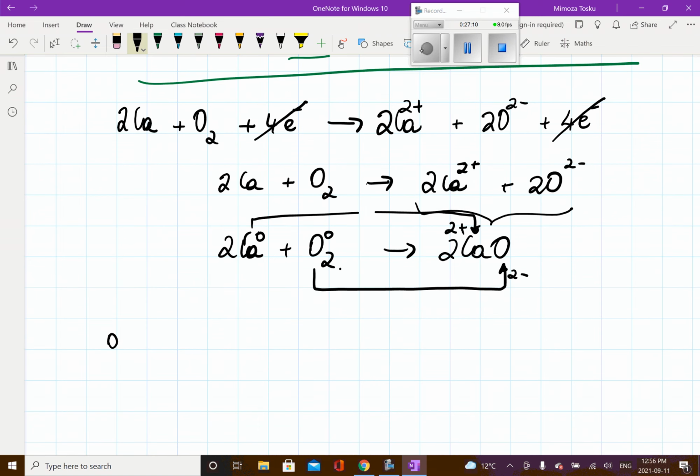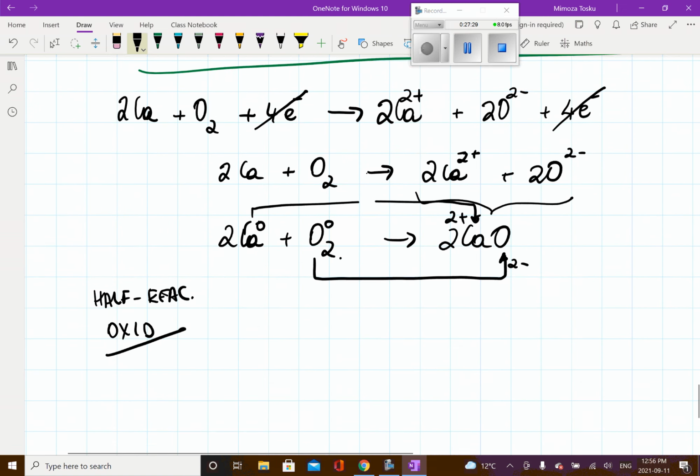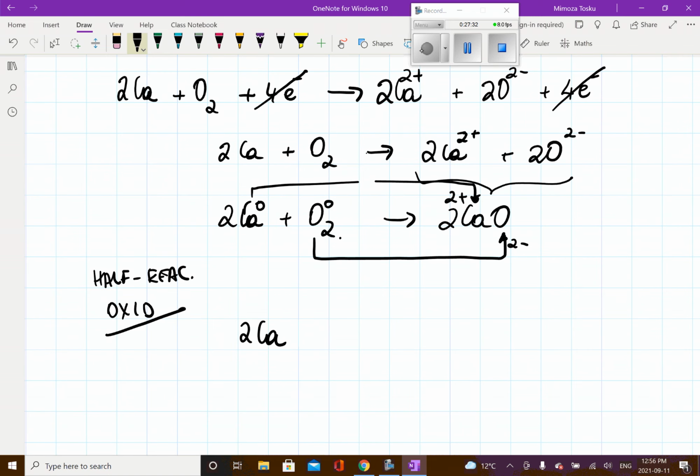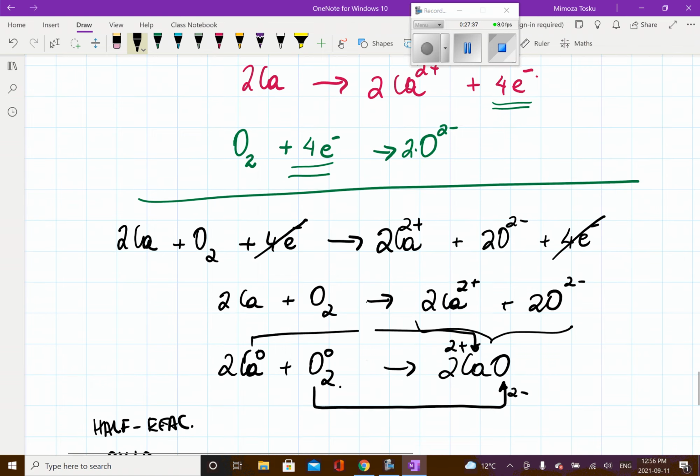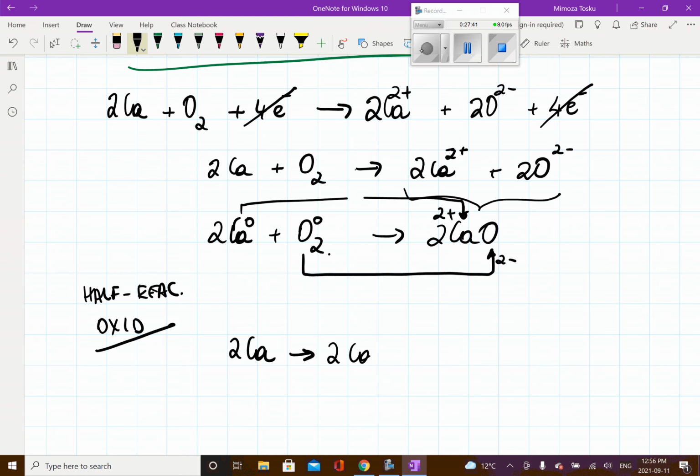So if we are asked to write the half reaction for oxidation, then since it is involving the loss of electrons, we will write the first one, 2 calcium, this one here, 2 calcium 2+ plus 4 electrons.